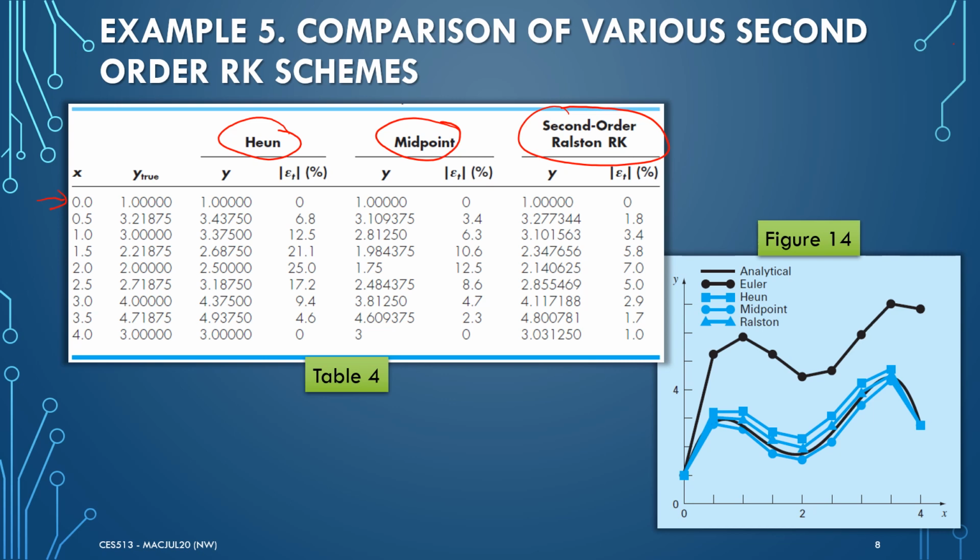Figure 14 is the comparison of solutions using the three second order Runge-Kutta methods and Euler's method. Notice how all the second order methods are superior to Euler's method. We can see that Euler's method is quite far from the other three methods.